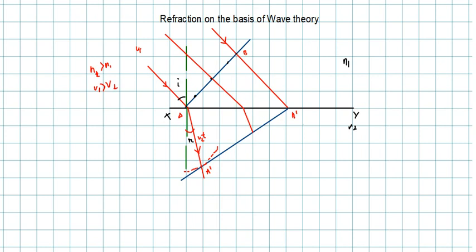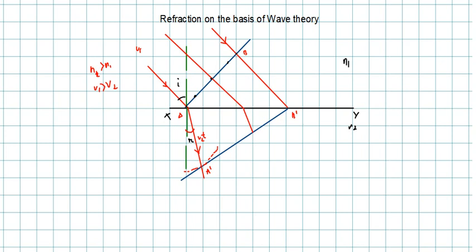So, as a result, the secondary wavelets in the denser medium n2 will travel at a lower velocity compared to their velocity in medium 1. As a result, you can see the ray is bending or moving close to the normal, not like in the case of reflection.